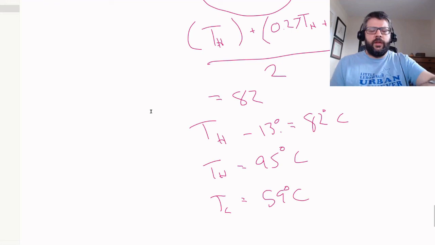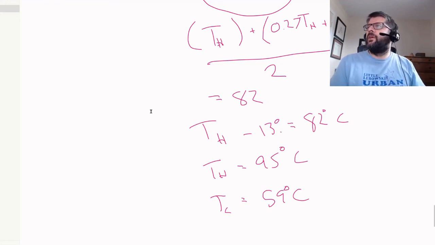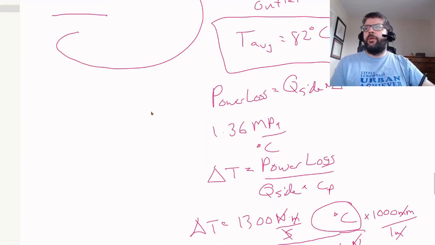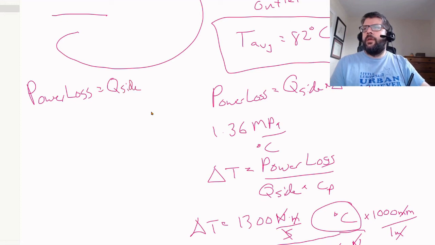So that was for the S is equal to 0.36 version. So let's do it for the other one. We've got our power loss again is equal to Q side times delta T times CP.